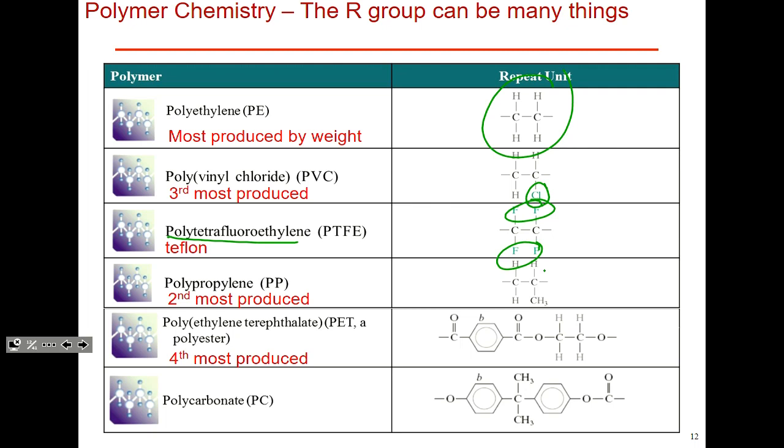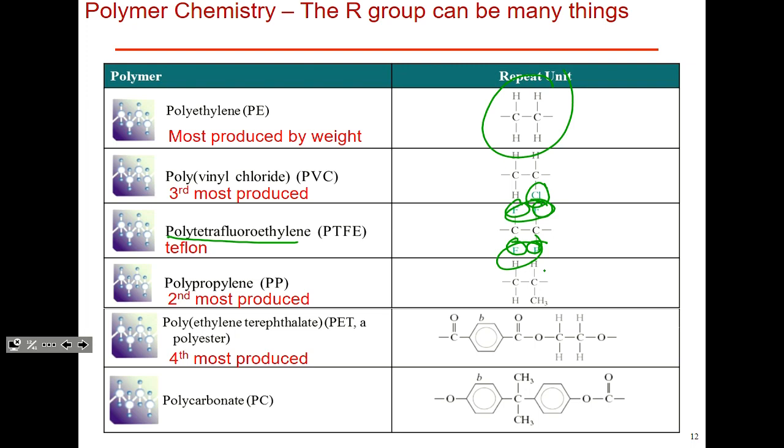So if I say PTFE on an exam, I would try to be very explicit and write out the full name. I don't expect you to know that it's called polytetrafluoroethylene because there are 4 fluorines on there, that's where tetra comes from. But I do expect you to know that PTFE is a repeat unit, okay?